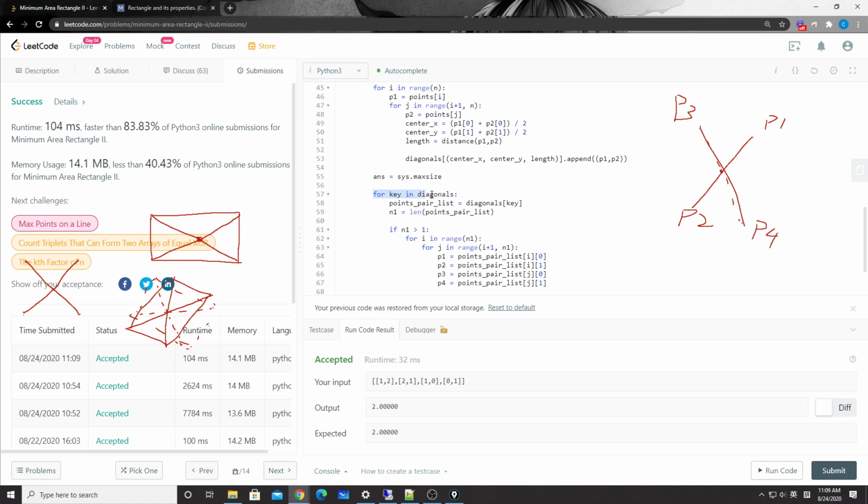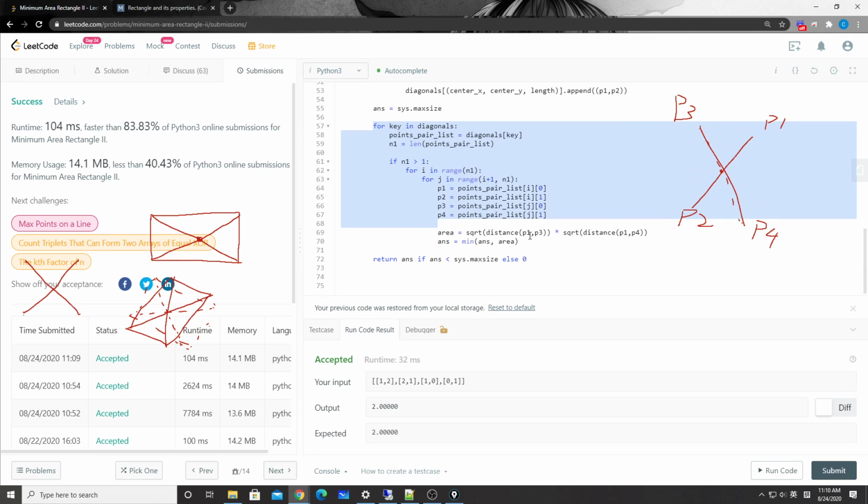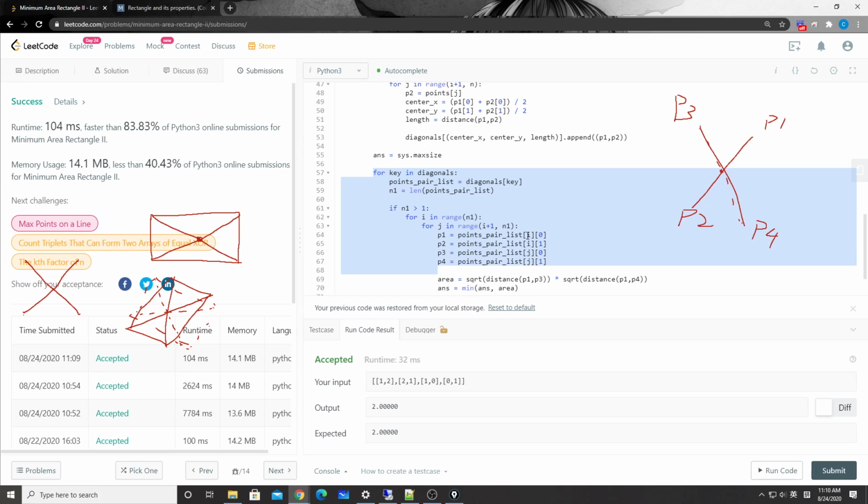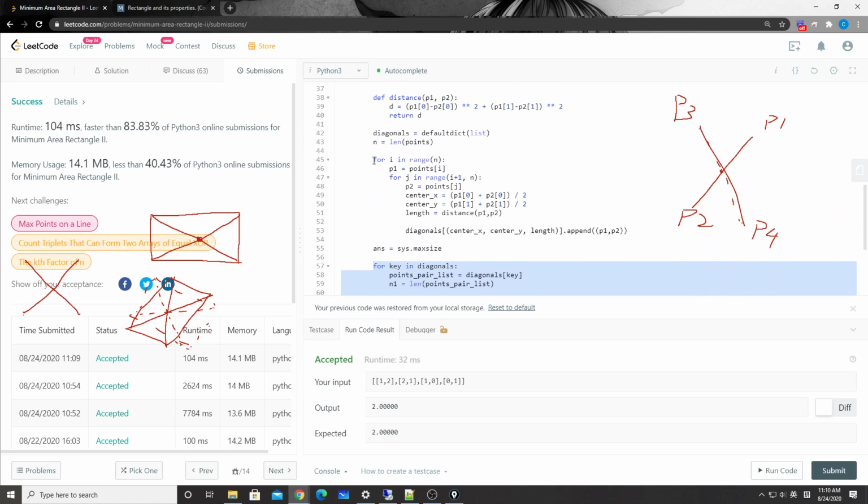The key here is much smaller. It seems like the test cases given here have a lot of rectangles, and the size of the diagonals will be much smaller. This here is definitely smaller than n square. So this one is the most expensive part.